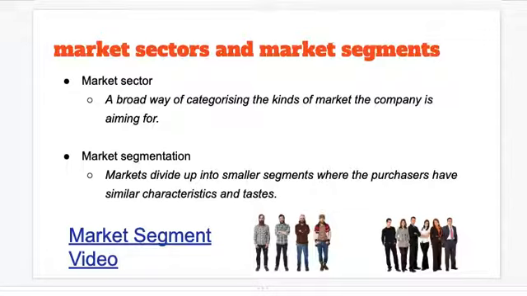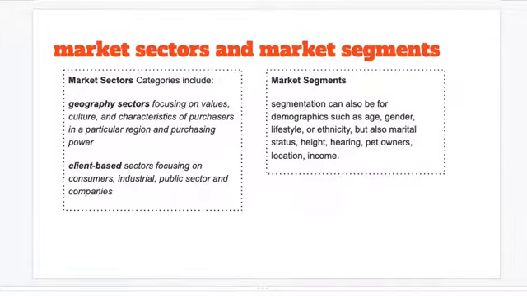So bigger sectors, smaller into the segments, okay? So the sectors can include geography as well as some types of industries and these types of things, whereas the segments are a little bit more focused on age, gender, ethnicity, lifestyle, et cetera, okay? So you see more broad, more specific.